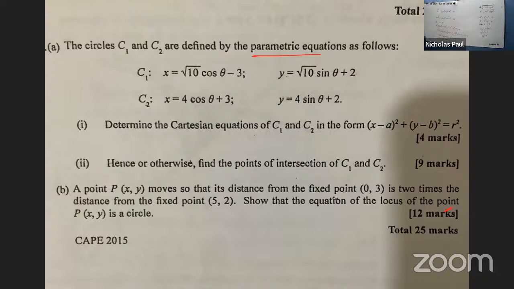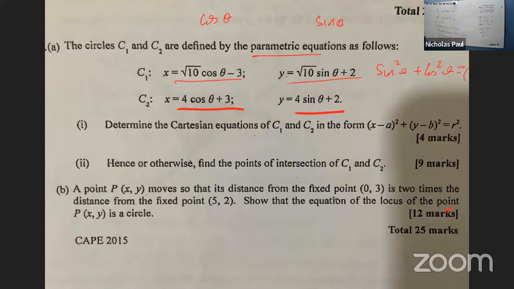Take cos theta as the subject and substitute into sin squared theta plus cos squared theta equals 1. Get these two Cartesian quickly.